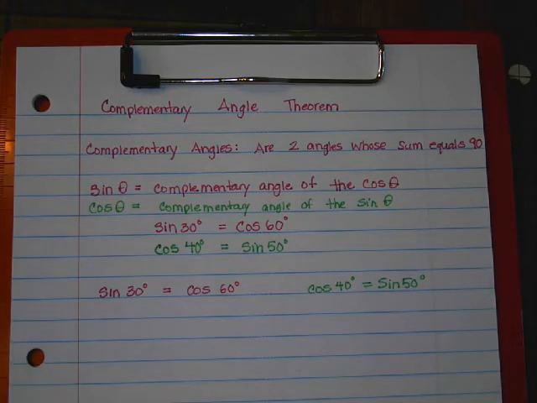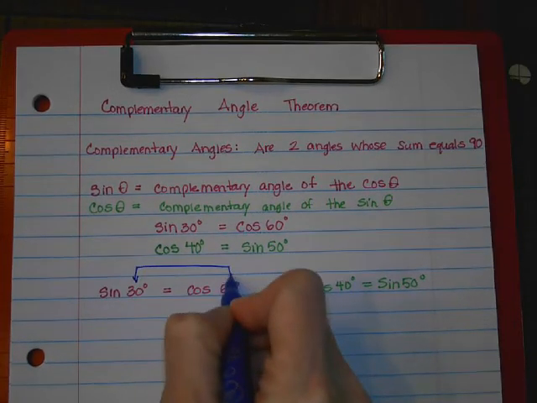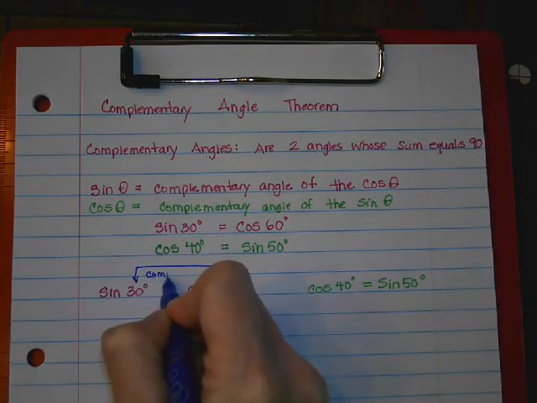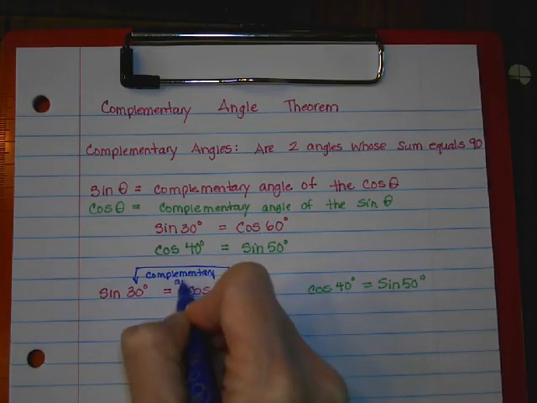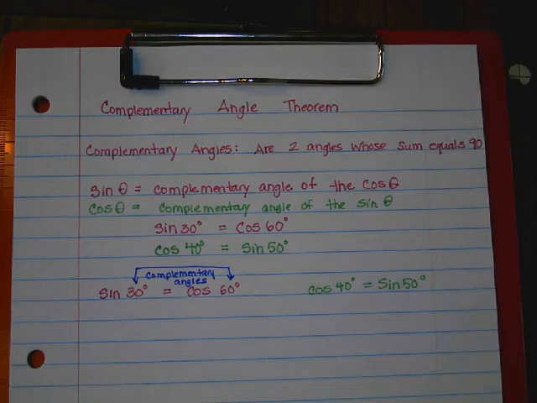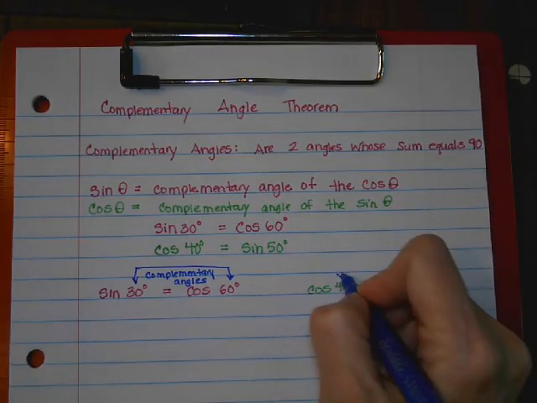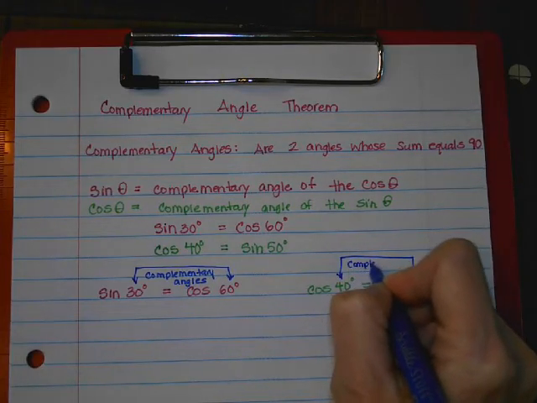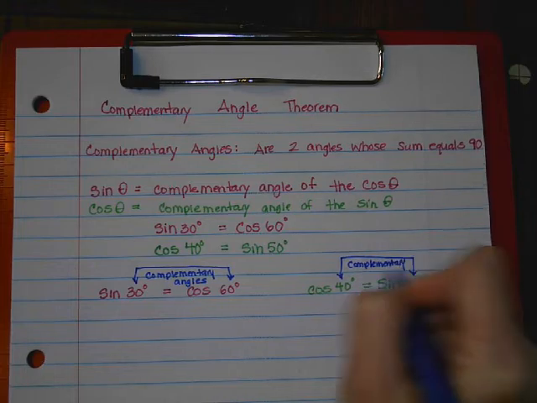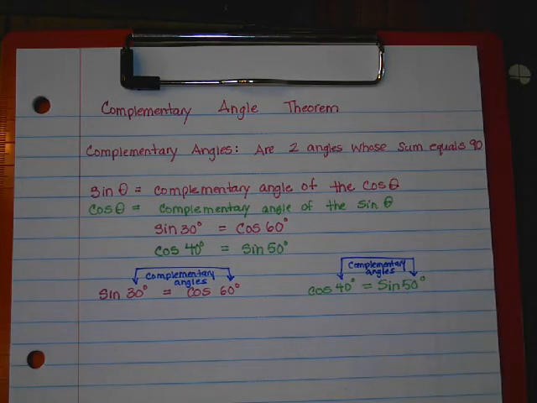In this process, the two angles, 30 and 60, are the complementary angles, because 30 plus 60 makes 90. In our picture here again, the 40 and the 50 are our complementary angles, because 40 plus 50 makes 90.